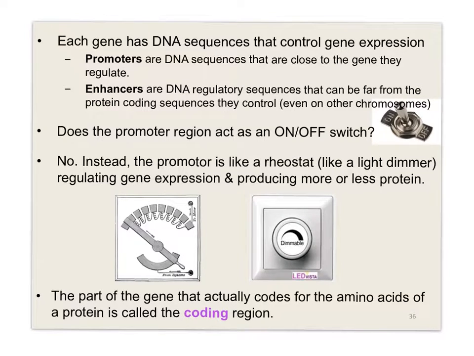Now, the part of the gene that actually codes for amino acids in a protein is called the coding region. The promoter and enhancer regions are just for gene expression. Many times, it's not the structural genes that you might find mutations in.